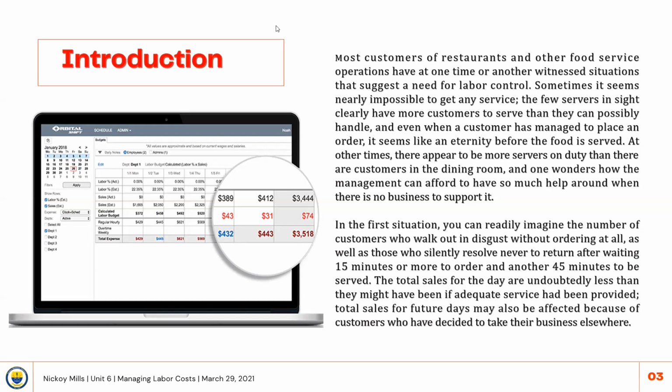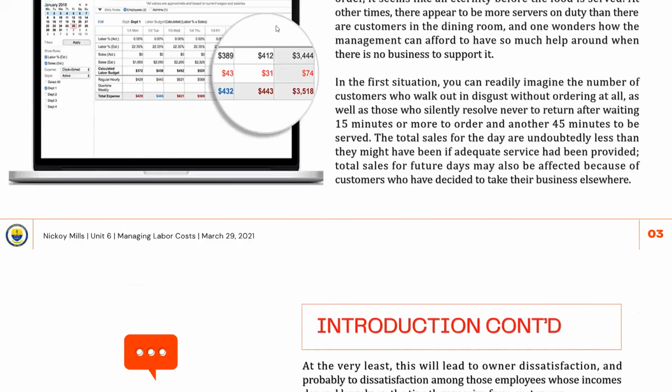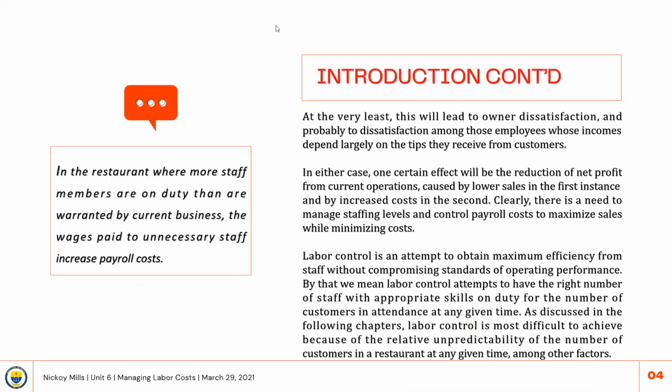By that we mean labor control attempts to have the right number of staff with the appropriate skills on duty for the number of customers in attendance at any given time. Labor control is the most difficult to achieve because of the relative unpredictability of the number of customers in a restaurant at any given time, among other factors.